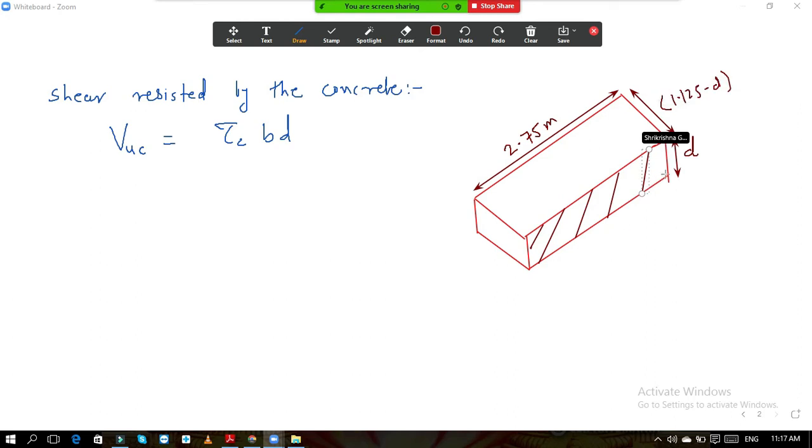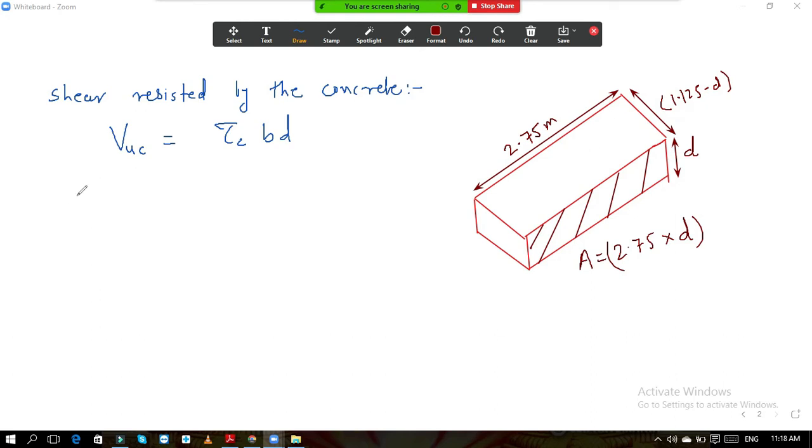So this is the area which is to be resisted. What is the value of this area? A is equal to 2.75 multiplied by D. So this is the area, 2.75 into D.